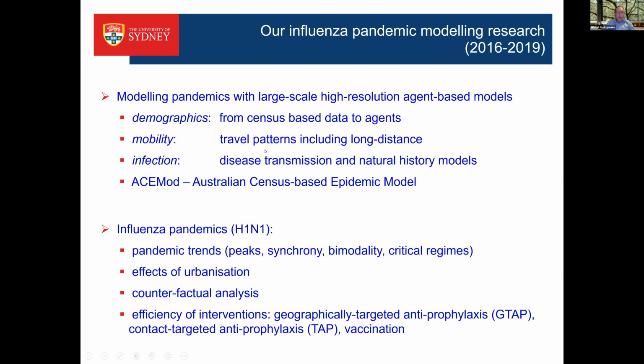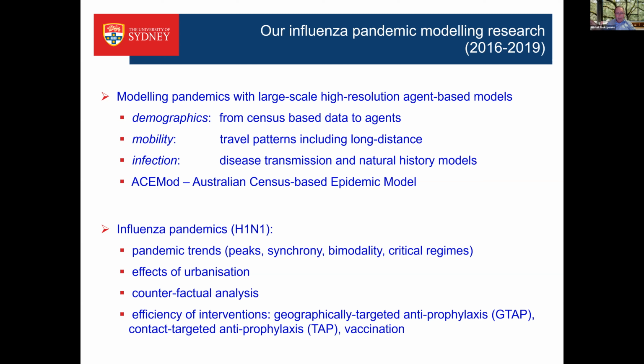Then, given travel patterns, commuting patterns, including long distance, you could catch quite a lot of potential interactions, not only in households where people live, but also across distance, like children going to schools and people going to work. And finally, these infection rates, these transmission rates, as well as the natural history of the disease in the infected individual, you need to define and calibrate specifically to a given virus.